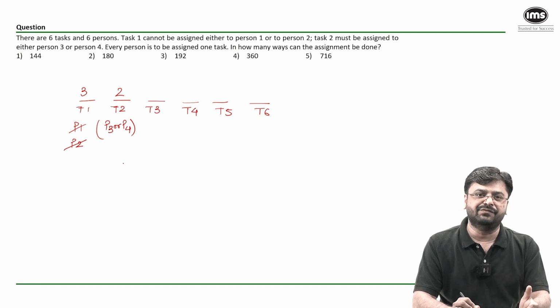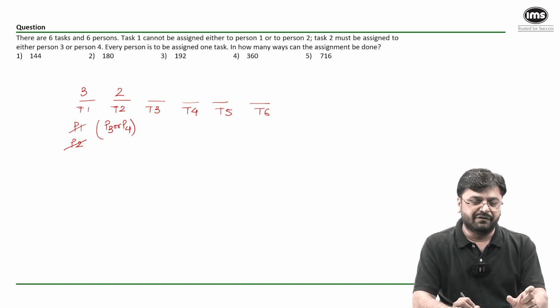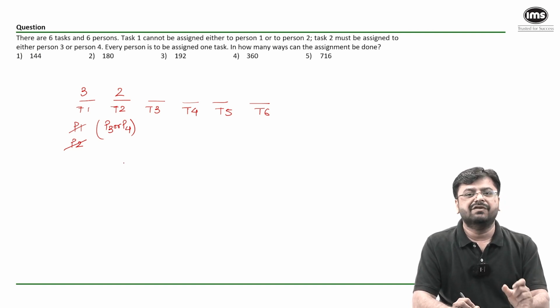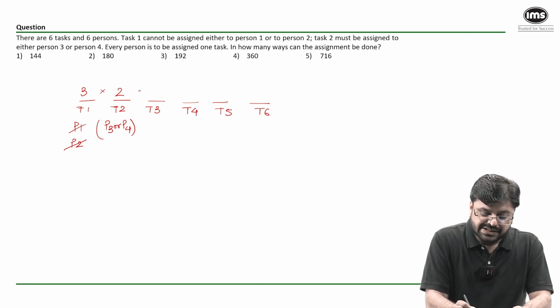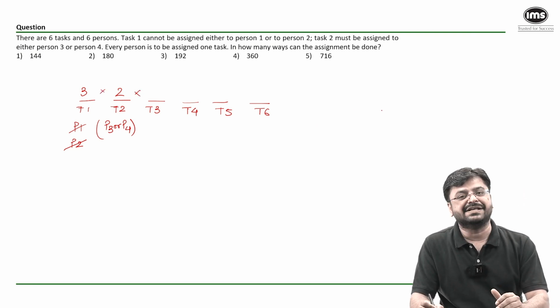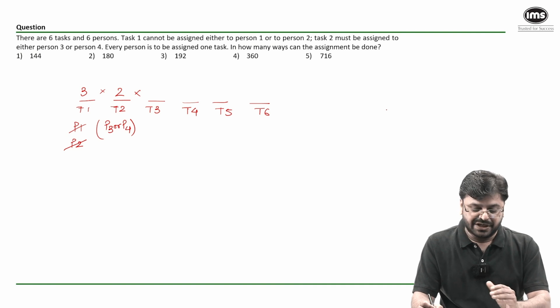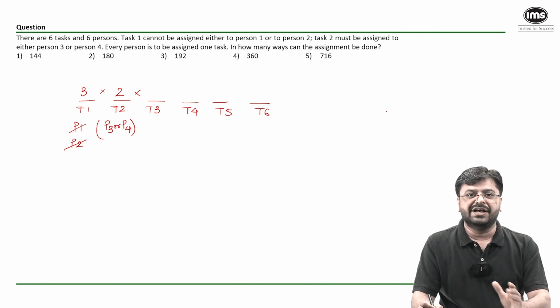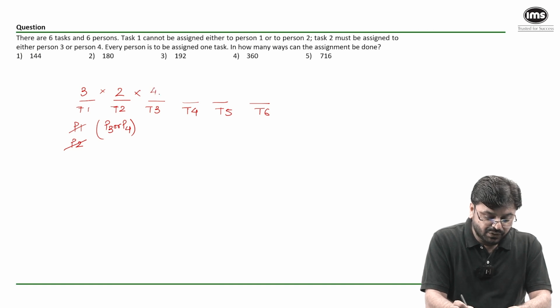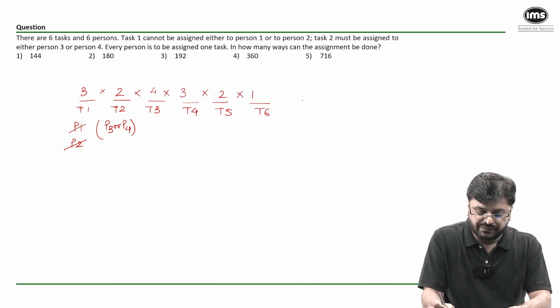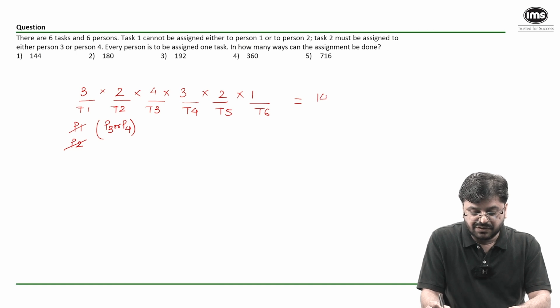It cannot be assigned in 4 ways because one out of the remaining 4 will be working on task 2. Now, for tasks 3, 4, 5 and 6, there is no restriction. So there are 4 people and 4 tasks. Everyone needs to be assigned one task. So this can be done in 4 into 3 into 2 into 1 ways, which means 144.